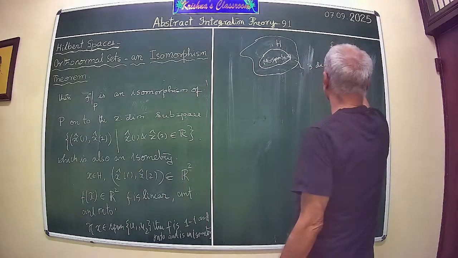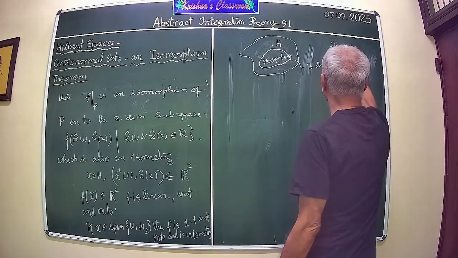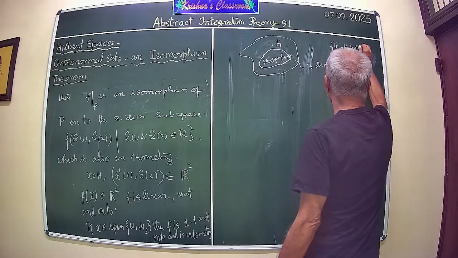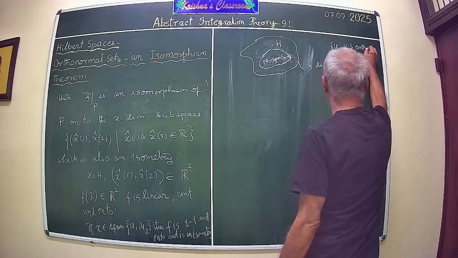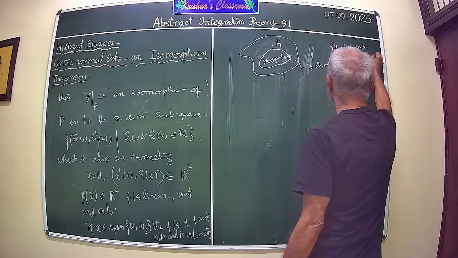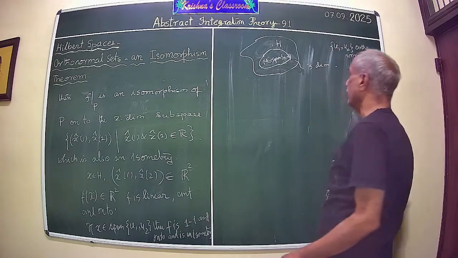So U1, U2 are orthonormal vectors, so they are linearly independent.